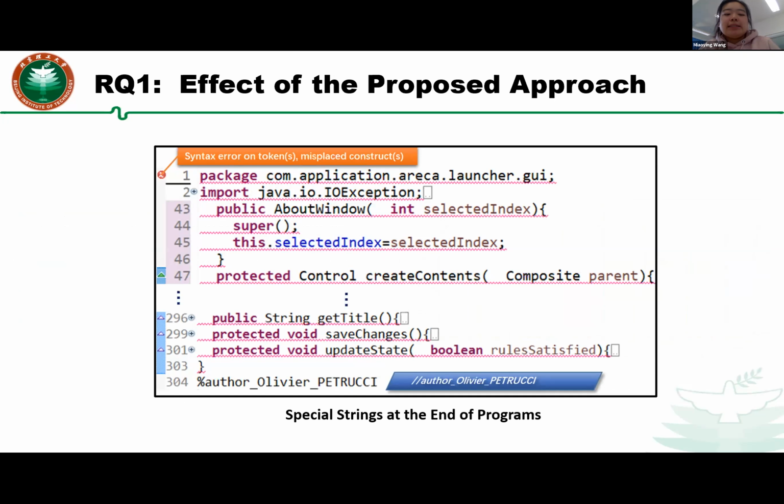We expect ECJ to point to the last line of the source code as the cause of the syntax error. However, as presented in the figure, the compiler refers to the whole source code as a suspicious code fragment and presents an error mark on the first line of the document, saying syntax error on tokens, misplaced constructs.